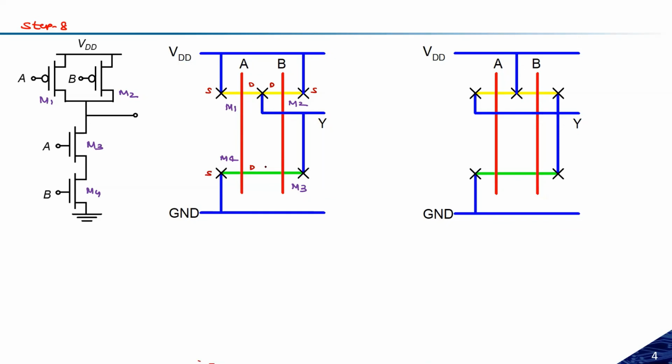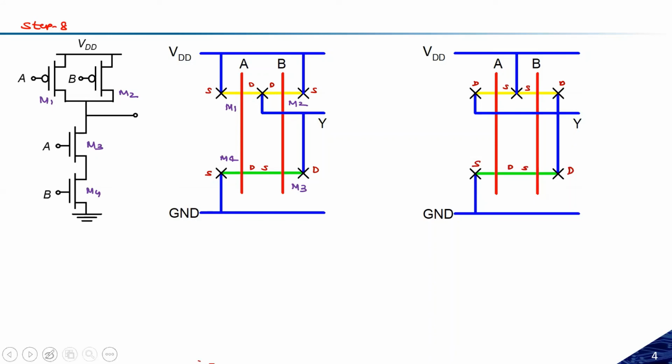Here a source, and here a drain. So S and D for the NMOS transistor. Similarly, in this case, where the VDD has been provided, this will be the source, this the source, this the drain, this the drain, and the rest is the same as before: drain, source, drain, and source.